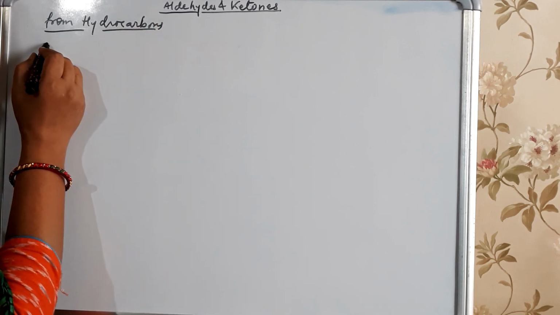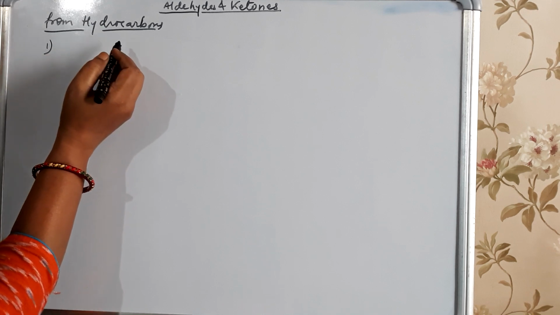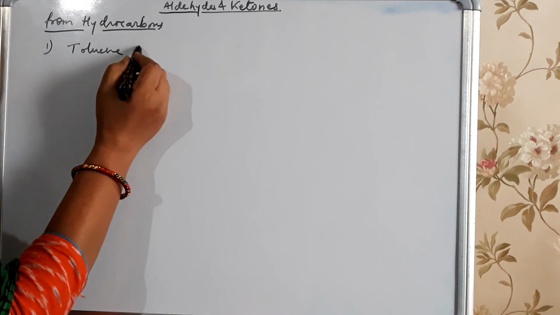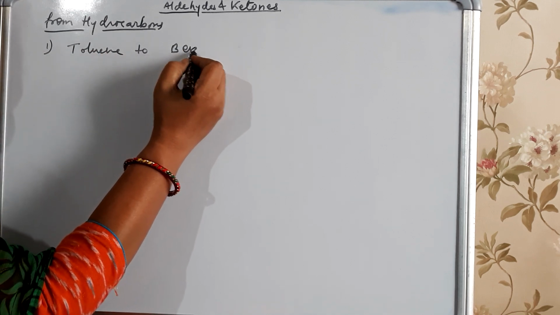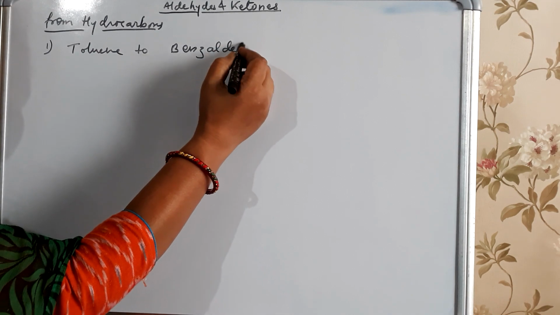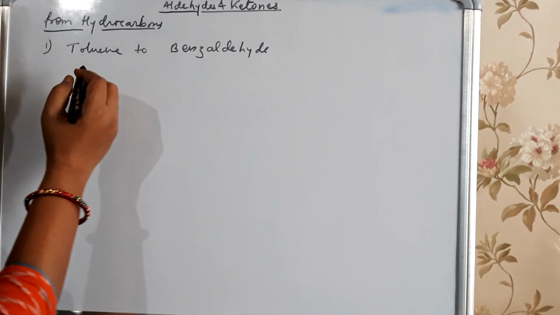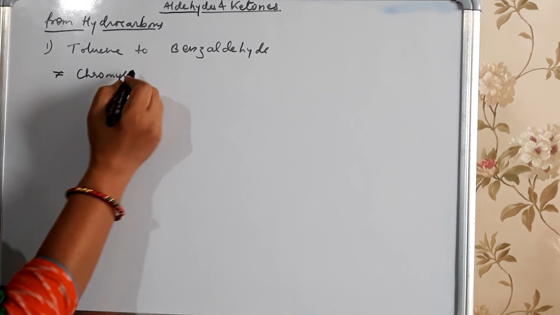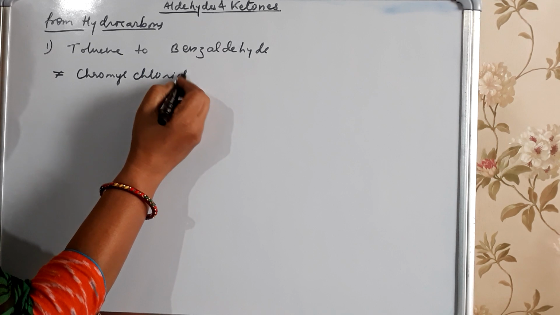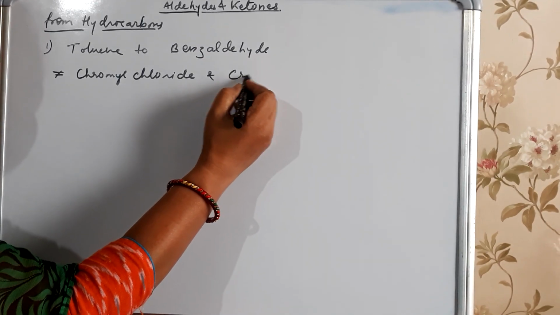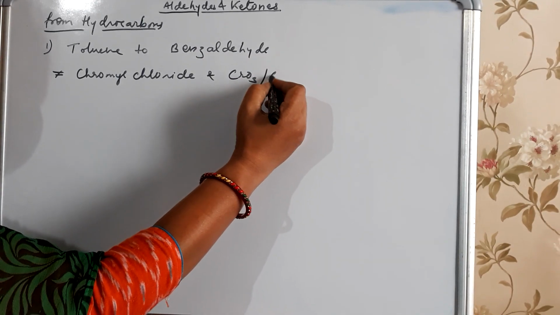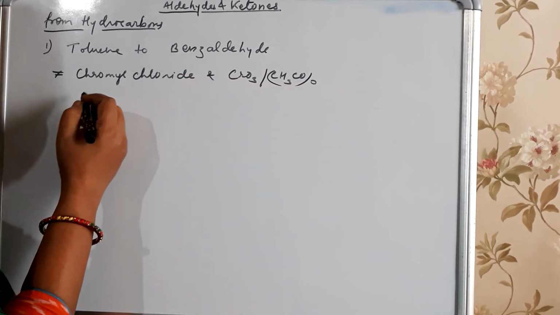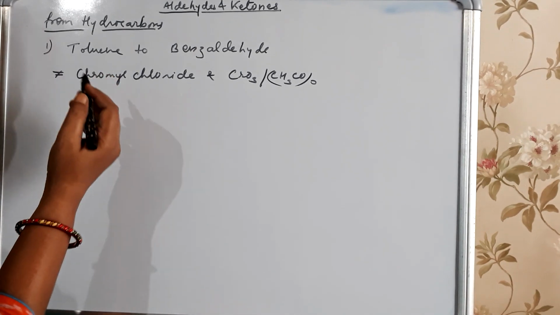We have already discussed the preparation of aldehyde from the hydrocarbon toluene to benzaldehyde by using bromyl chloride, and chromium trioxide and acetic anhydride. These two methods were already discussed in the previous video.